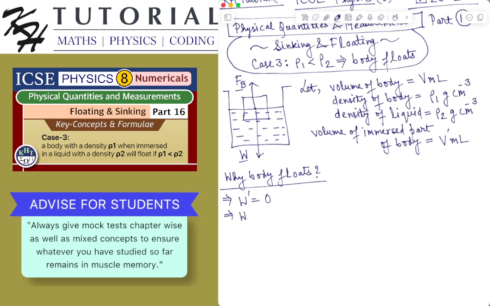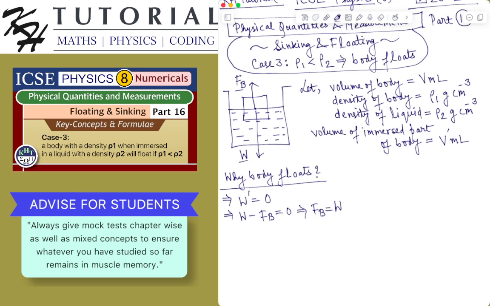Apparent weight is nothing but the weight of the body minus the buoyant force. This is equal to 0, and of course this implies that the buoyant force is equal to W. It is a known fact, we have already understood this, that when a body floats, the buoyant force has to be equal to the weight of the body. Now let's see why the buoyant force is equal to the weight of the body when the density of the body is less than the density of the liquid.